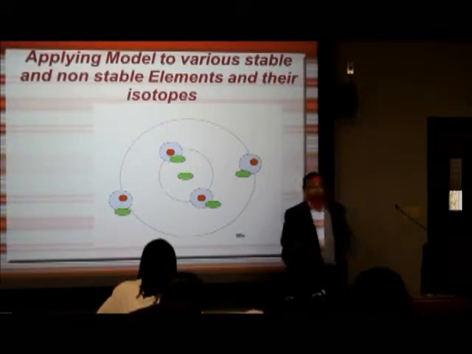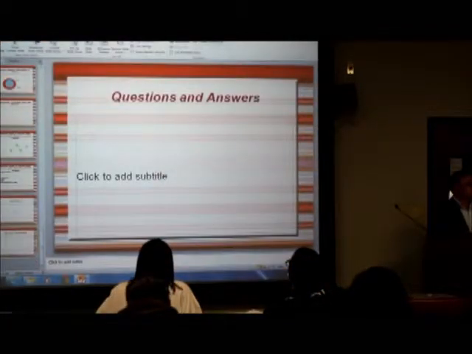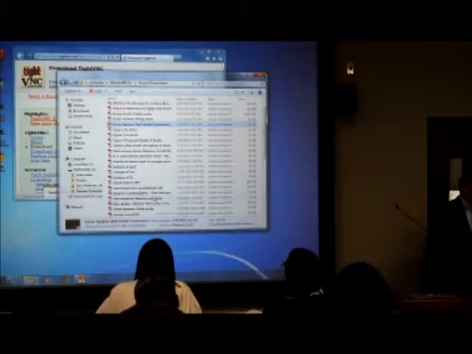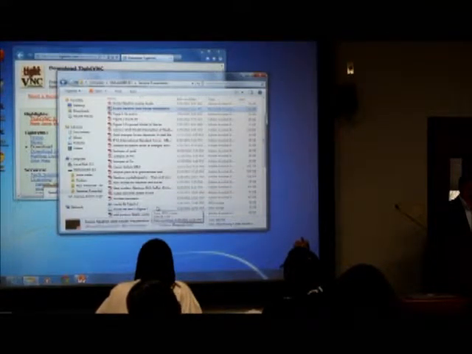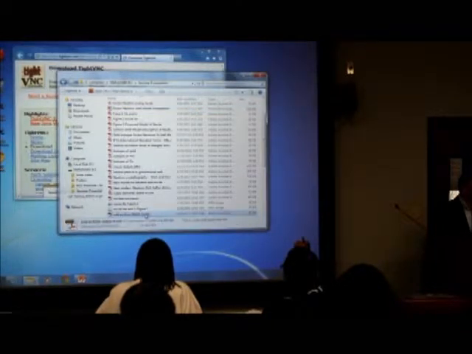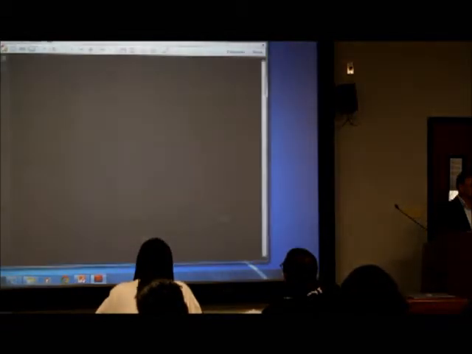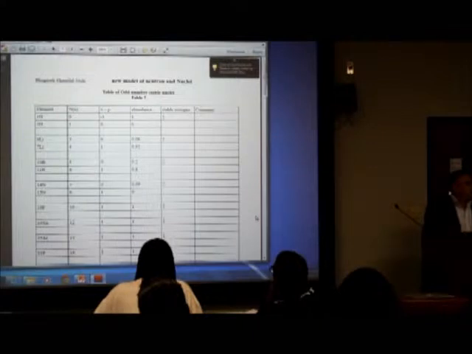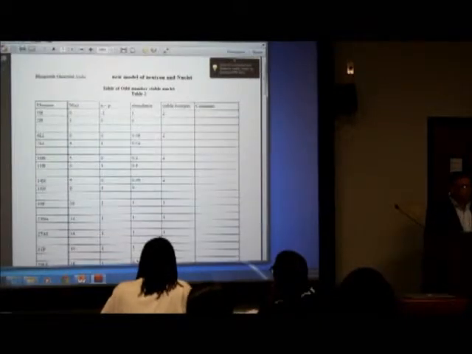So if you look at the 39, the gold... okay, this is the table with the odd number of stable nuclei, and you can see the number of stable isotopes as we go down.